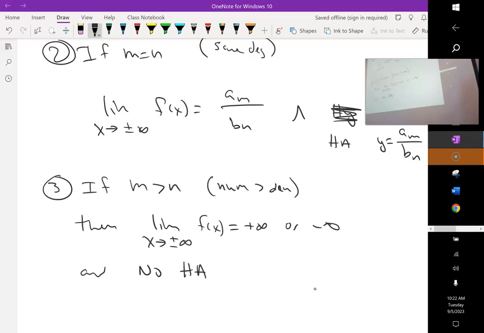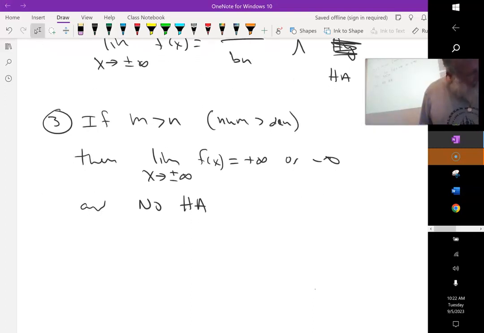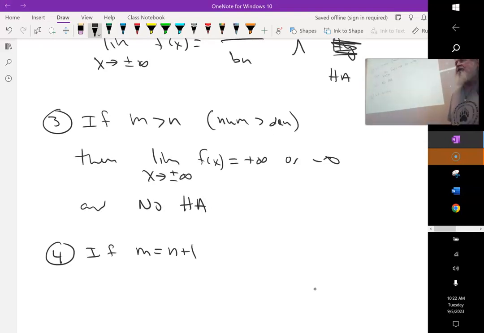Okay, we're almost done with this thing. Okay, fourth possibility. If m equals n plus 1, the numerator is what? One more degree.